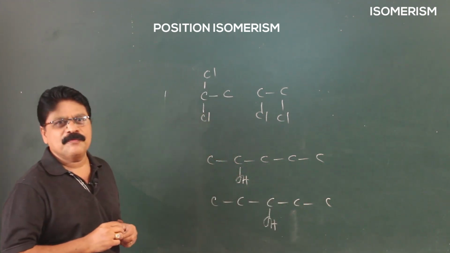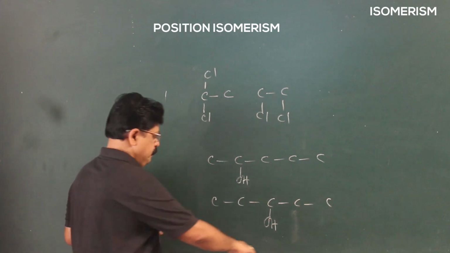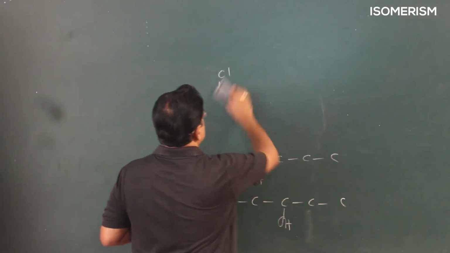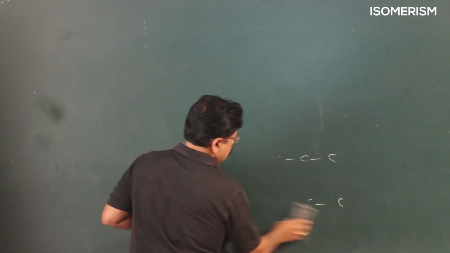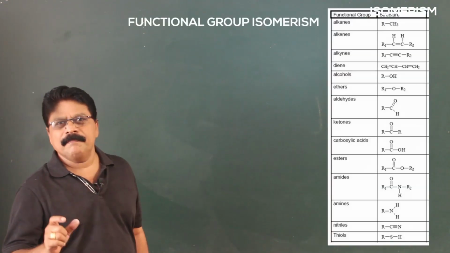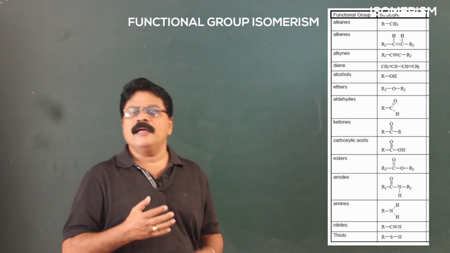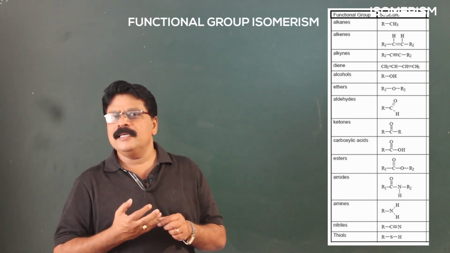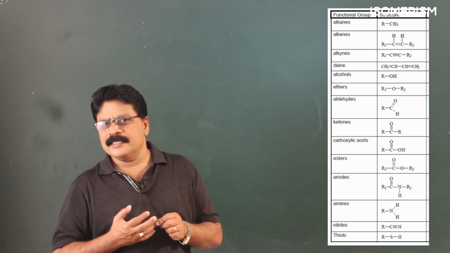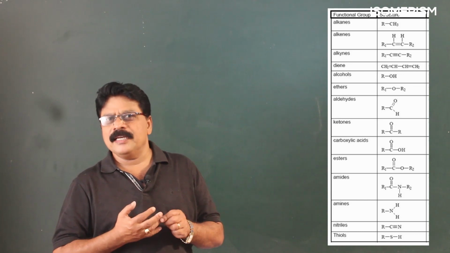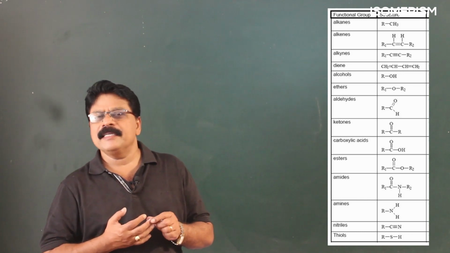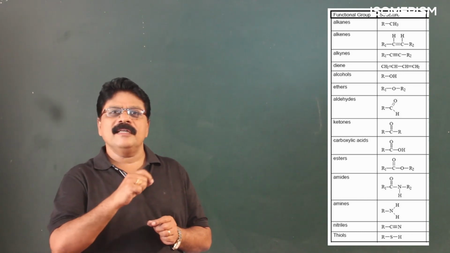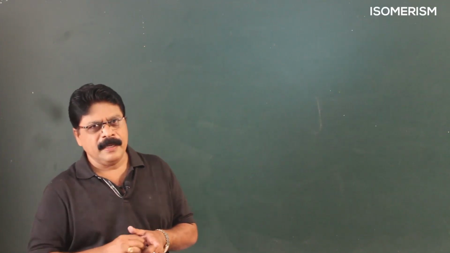So, that is the easiest way to find out chain isomers. Similarly, functional group isomers always exist in pairs. For example, alcohols, ethers, aldehydes, ketones, acids, esters, cyanide, isocyanide, primary amine, secondary amine, tertiary amine, etc. So, these are functional group isomers.